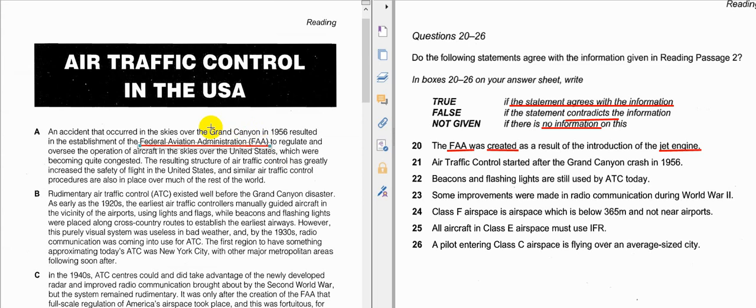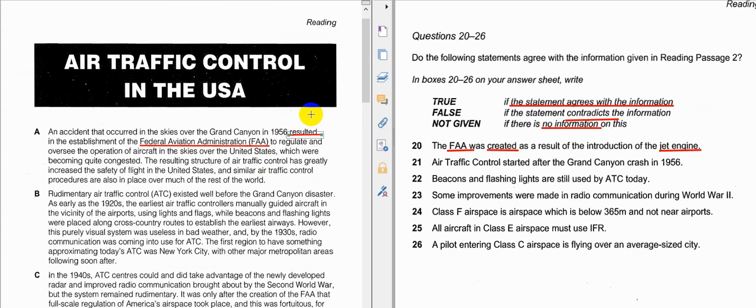Let's see if we can find the word created in the same sentence. Okay, an accident that occurred in the skies over the Grand Canyon in 1956 resulted. All right, so resulted is pretty similar. So let's highlight that and check if there's any other similar vocabulary in the establishment of the federal agency to regulate and oversee the operation of aircraft in the skies over the United States. All right. So resulted. There's no other word that's similar to created, right? So let's keep those two.